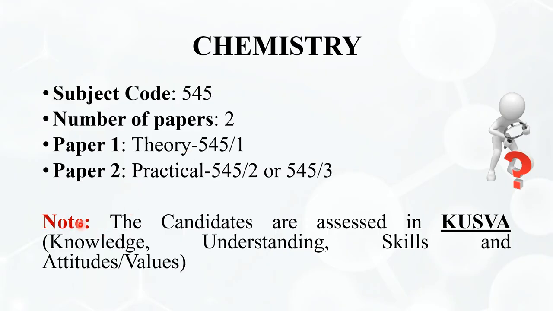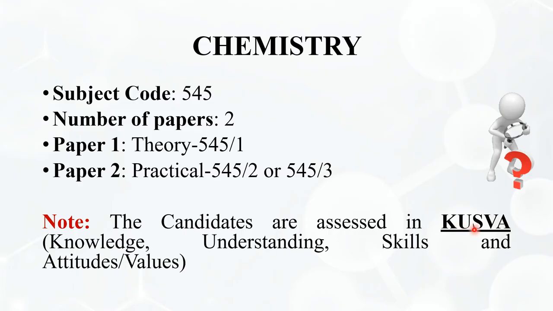Now, there's something to note here for the candidates: the candidates are assessed in KUSVA. What is KUSVA? That is knowledge, understanding, skills, values and attitudes. So we don't look at only knowledge, but also at the understanding of a learner, the understanding of the concepts that he or she has learned in chemistry. But the skills, what can a learner do?